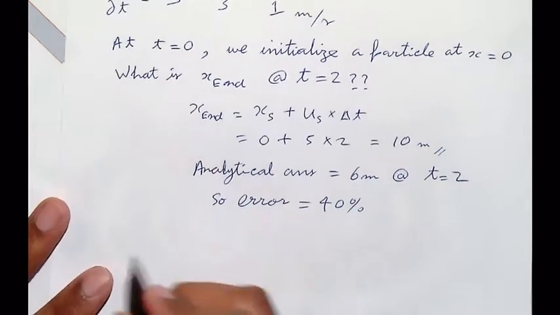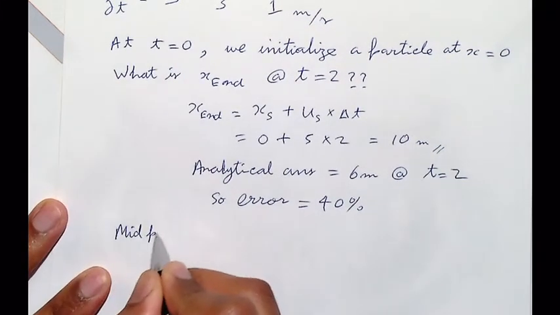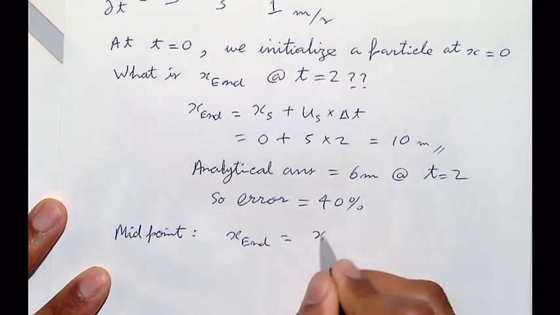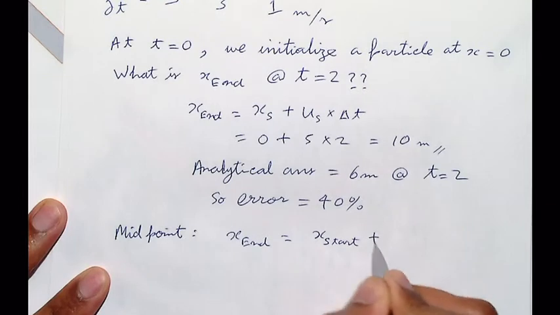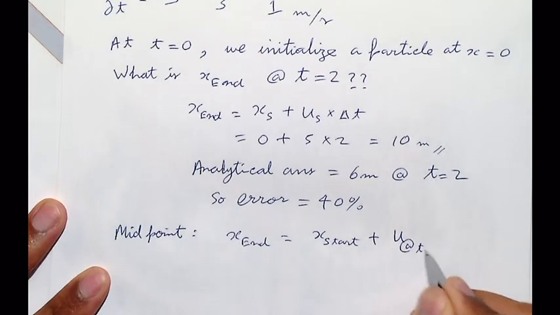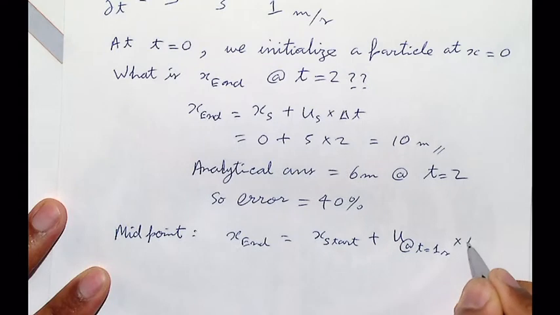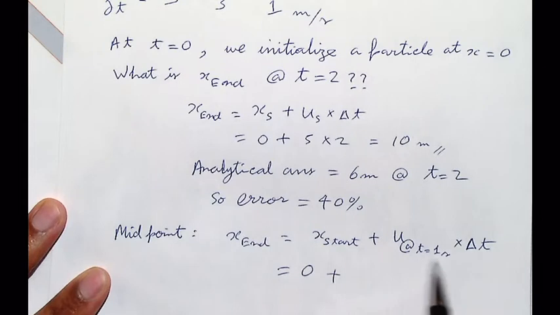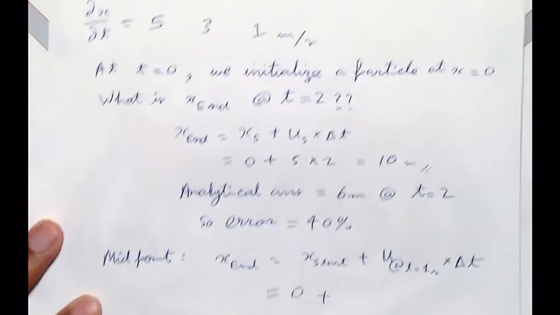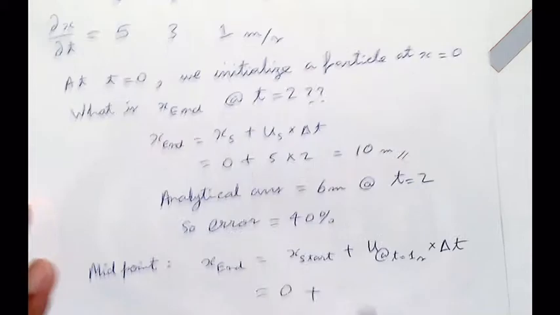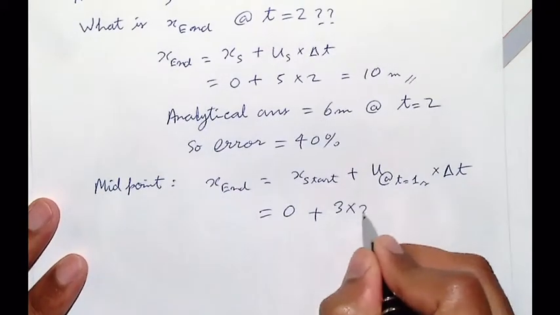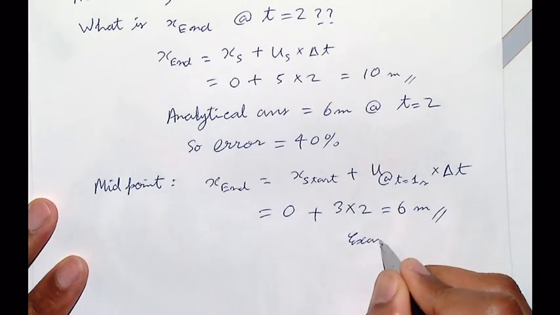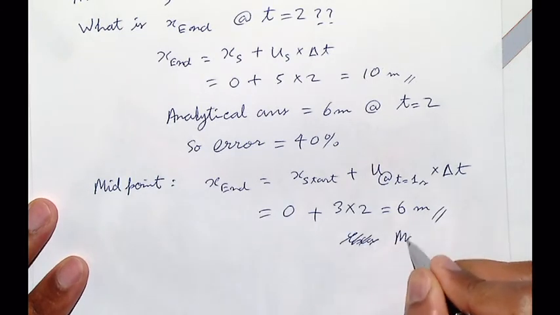There, x end equals x start plus u at time equal 1 second times delta t. Here x start is again 0, u at 1 second, as I gave you, is 3, times 2, which is 6 meters. So this is exact. It matches the exact answer.